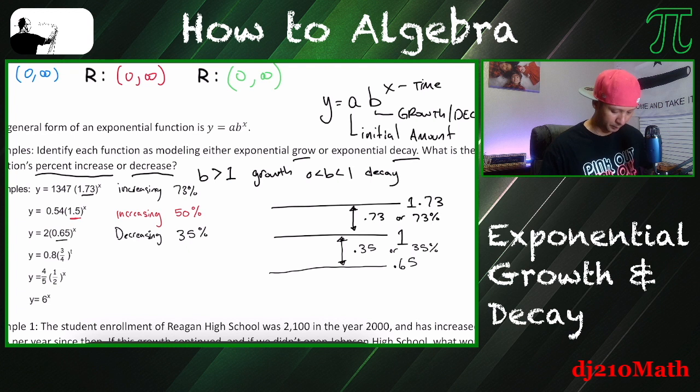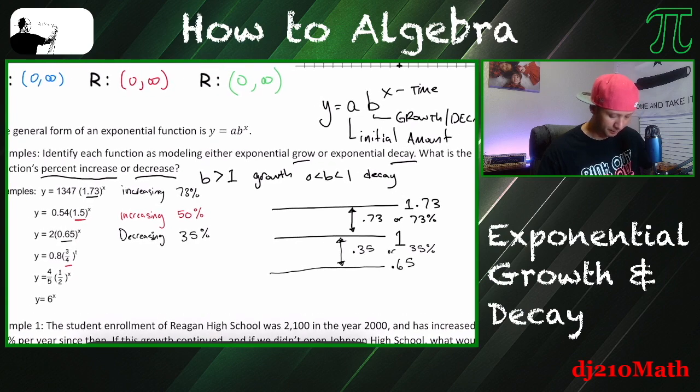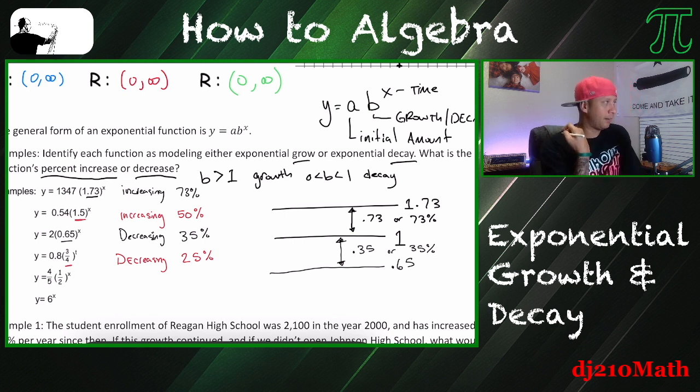All right, the next example, we have 3/4. 3/4 is less than 1. Decreasing, and decreasing by 25%. It's worth noting that when you have a fraction, it's so easy to say, oh yeah, it's decreasing.